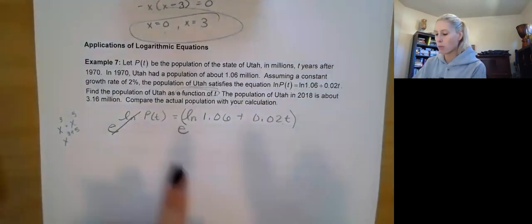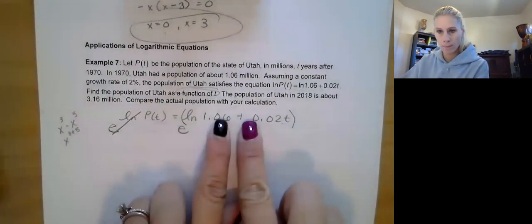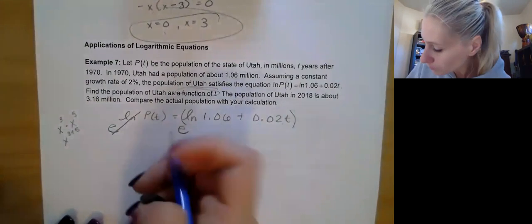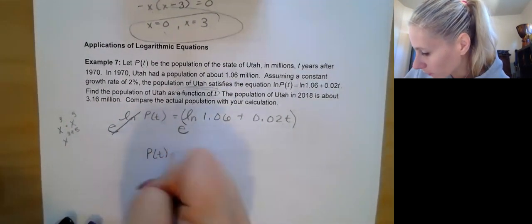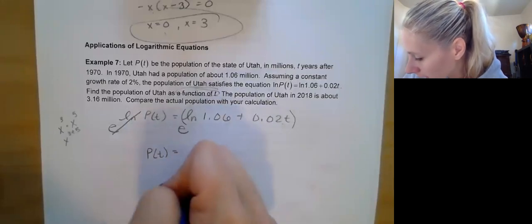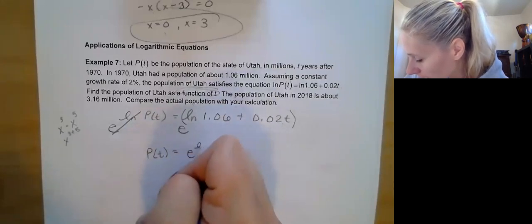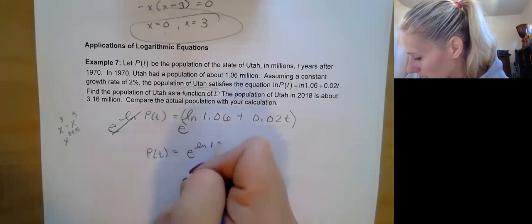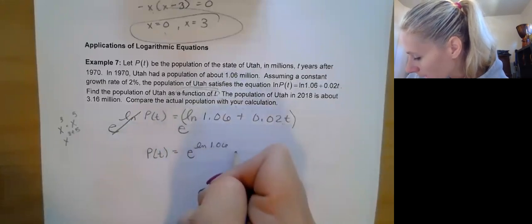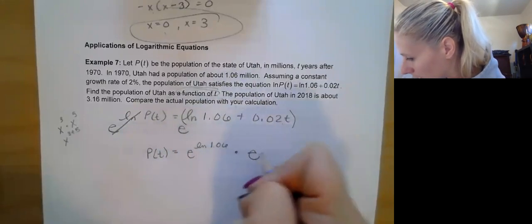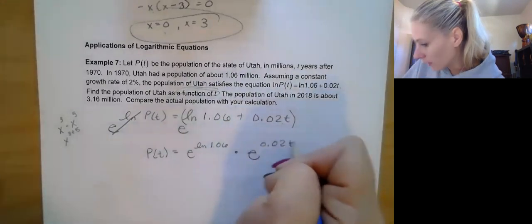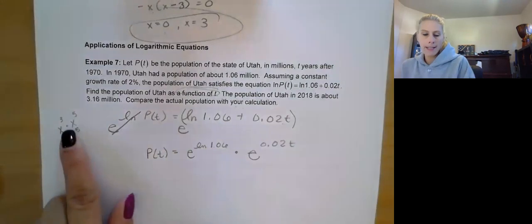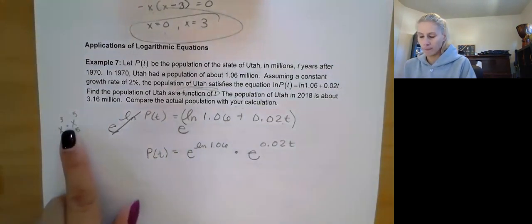But we are going backwards. We have an addition, so we're going to split it. This allows me to keep P of T by itself. Okay, so we get e to the ln of 1.06 times e to the 0.02 t. See, now I separated it into multiplication.